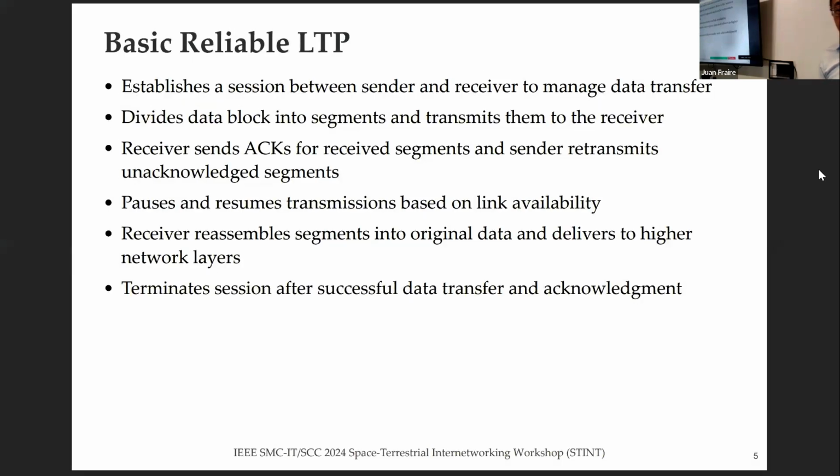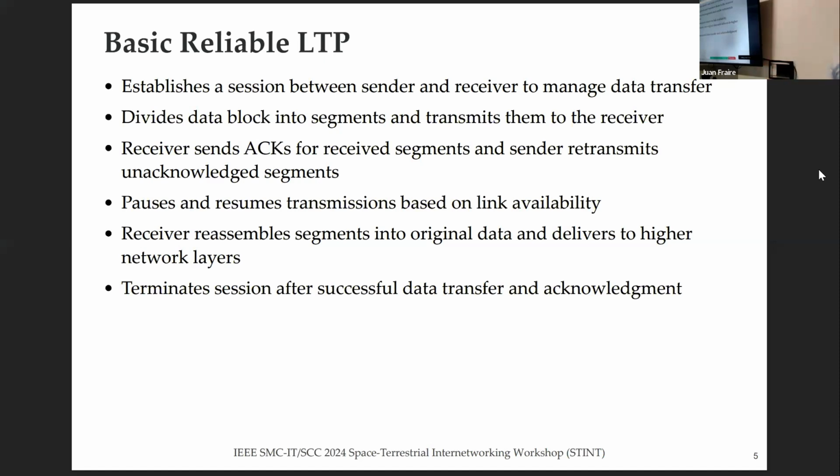A little bit more about how this process is done, just to have some background before we explain how we set up this value. This is a very simplified description of how reliable LTP operates.